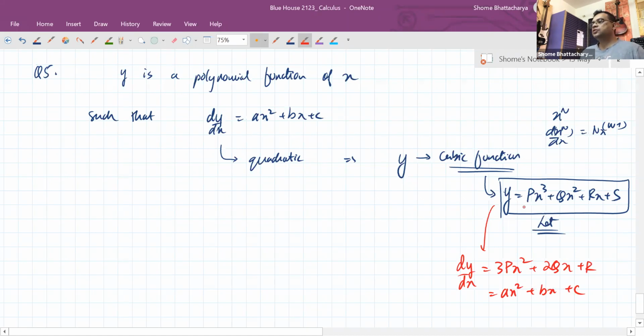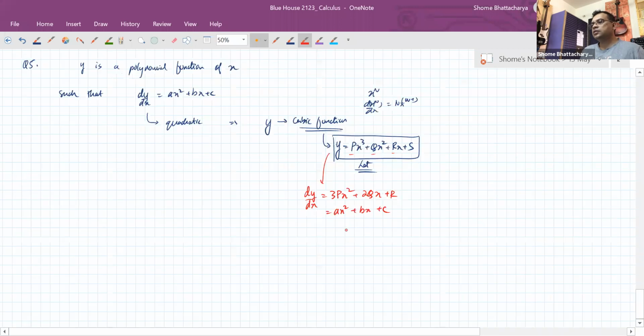So if the coefficients of x cube, x square and x are like this, then correspondingly in the derivative or in the differentiation, the coefficients of x square being a, the coefficient of x being p, and the constant term being c, they are these.